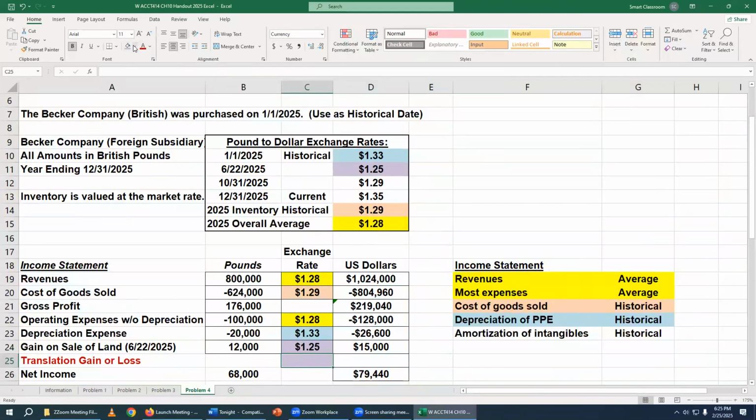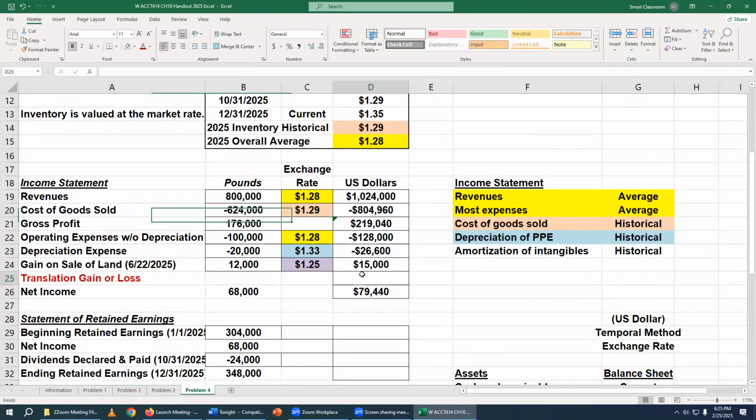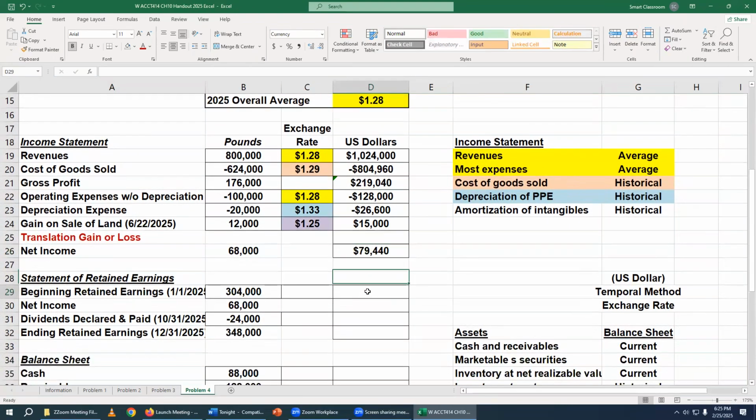And again, this one, because it's the temporal method, goes right into our cash as if we lost that cash or gained that cash, depending on what it is.